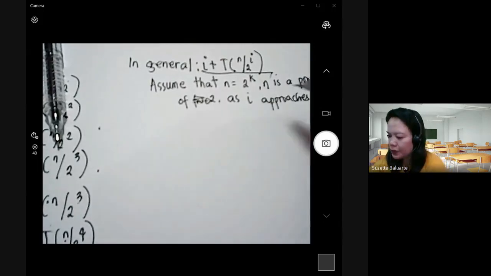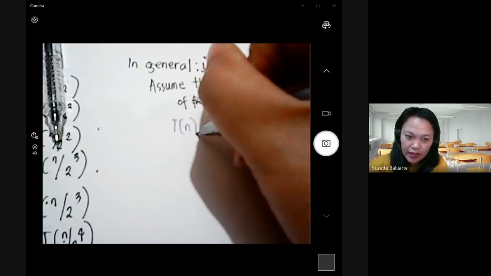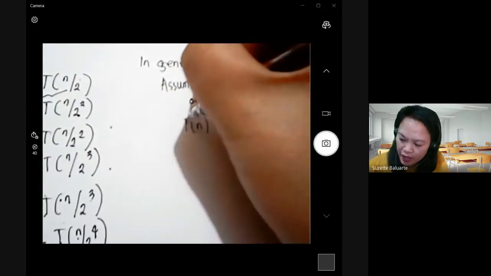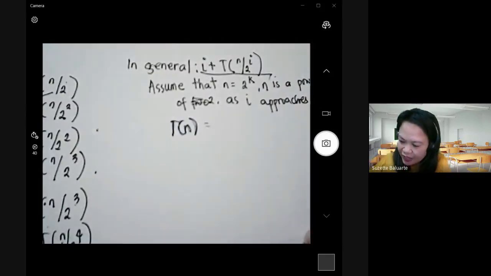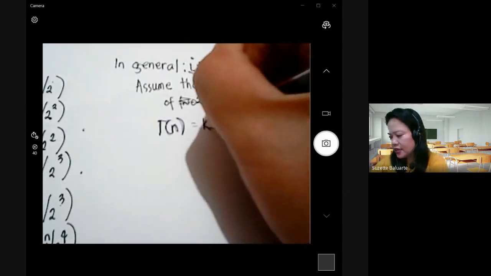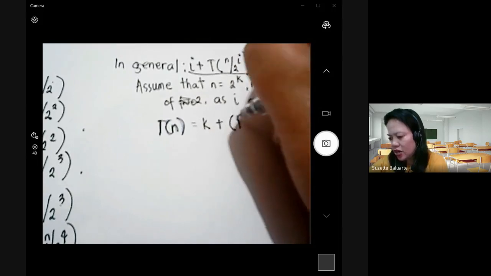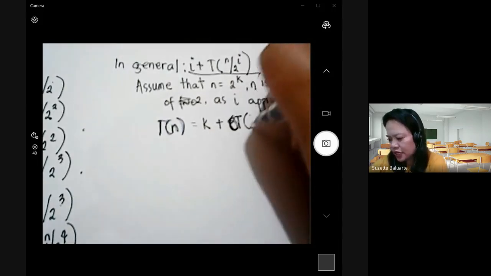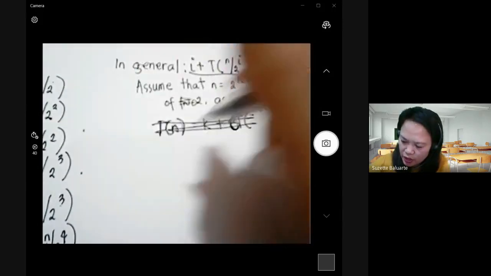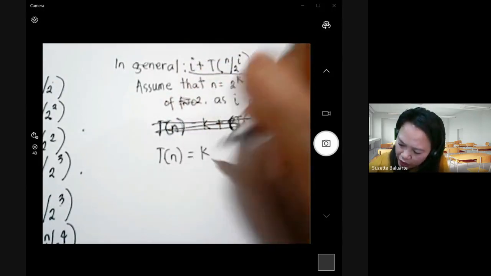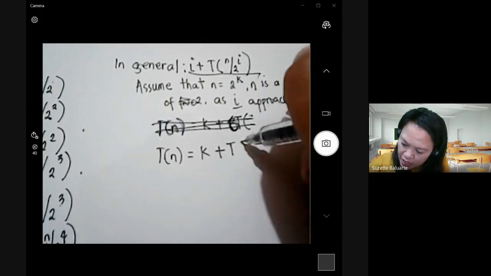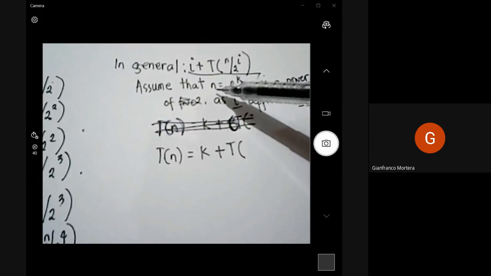So, as I approaches k, so your T of n is equals to k plus T of n over 2 to the power of k.